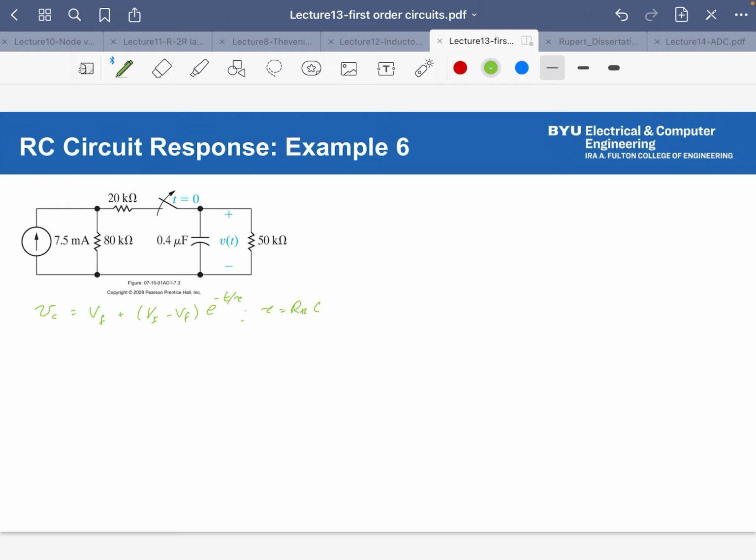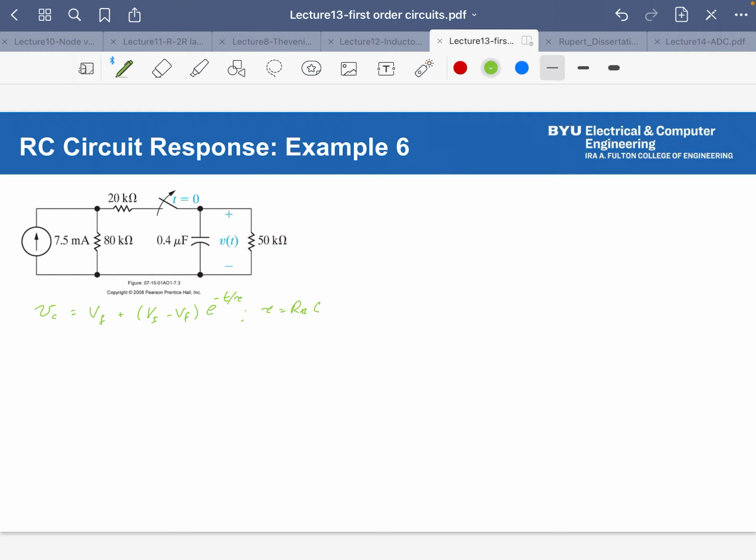All right, so we need to find the initial voltage. So when this thing is closed, everything charges up. So basically, we will be charging up this capacitor. And to find that voltage, this guy is going to go on the other side, and we want to turn that all into a Thevenin equivalent circuit.